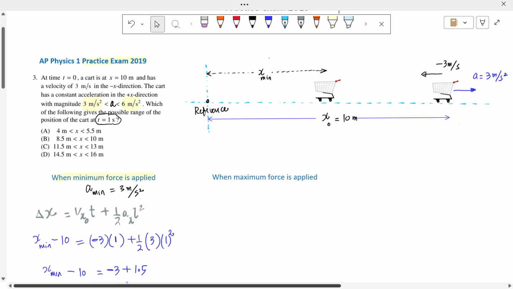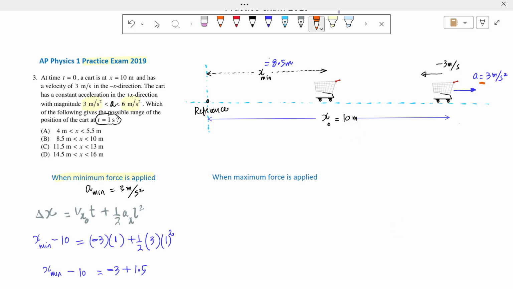It means that the position is 8.5 meters when the minimum force was applied and the acceleration was 3. But just imagine if you are applying the maximum force, due to which the acceleration is maximum.